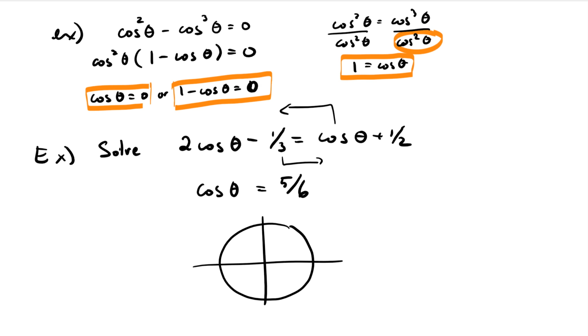So trig circle, this is 1. So if the cos is 5/6, the x coordinate is 5/6. So we're somewhere here or here. Okay, so clearly there are 2 angles on the interval 0 to 2 pi that actually work. There's this one and then there's this one. But 5/6, I know for a fact this is not the x coordinate of an angle that I know well.